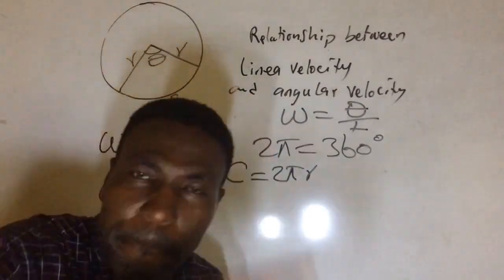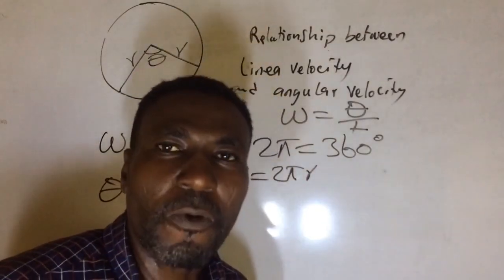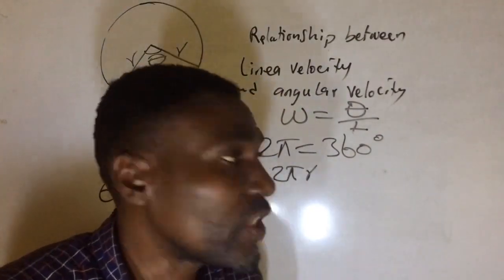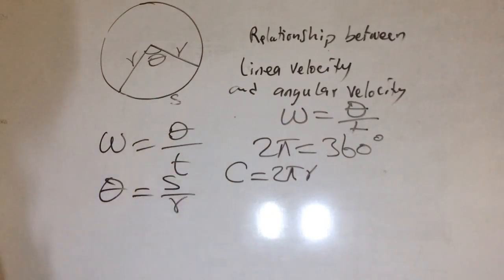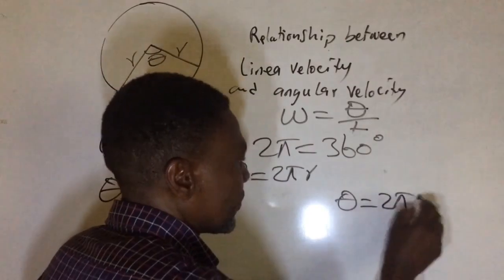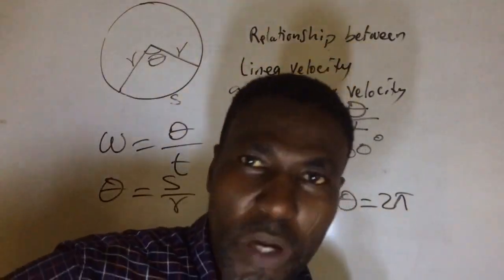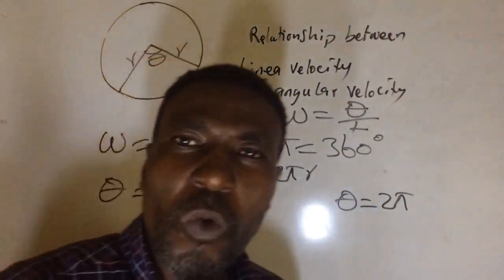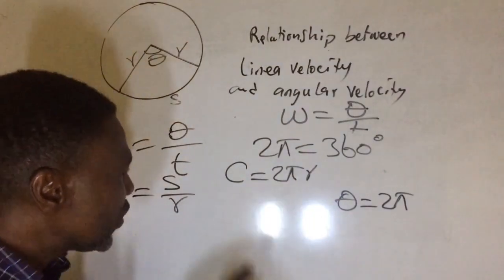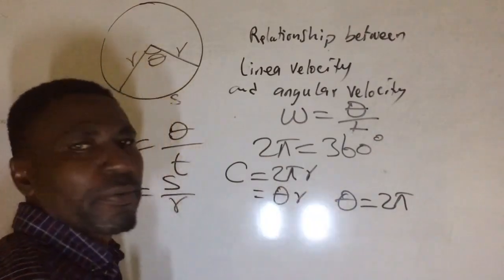And if it's one complete cycle, which is 2 pi radians, therefore the angular displacement will be 2 pi radians, which is our theta, okay? So theta is equal to 2 pi radians when it completes one cycle, which means the circumference of this circle is equal to 2 pi r, which means this 2 pi is theta, which is theta r.